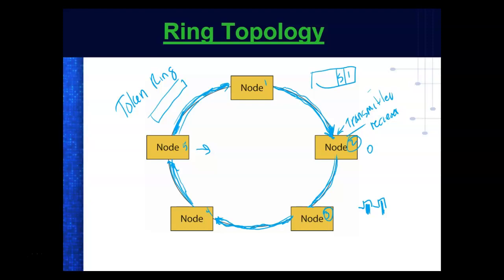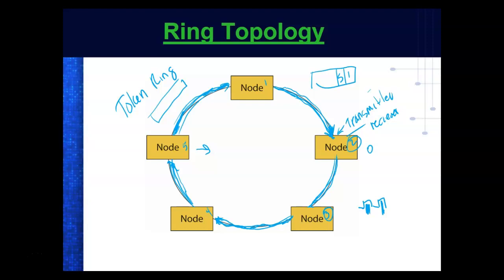One of your nodes generates a token, and it just bounces back and forth between the nodes. And if a node needs to send packets, it'll hold the token and put them on the ring. So token passing can be used by bus topologies, by star topologies, and also by ring topologies.